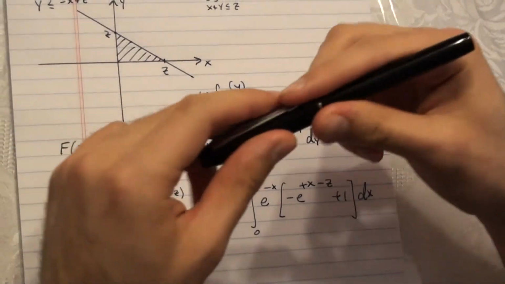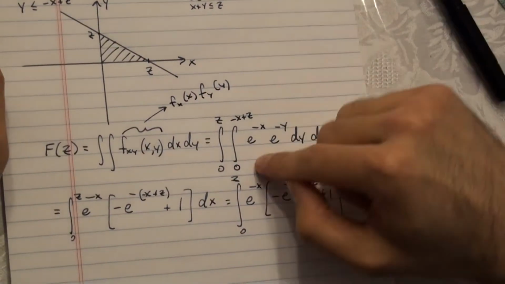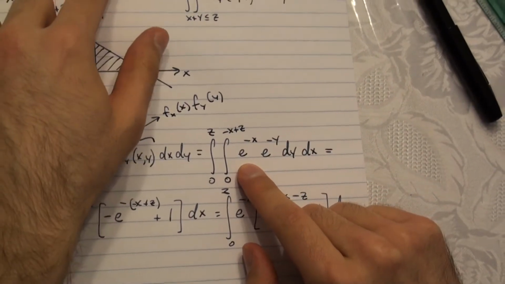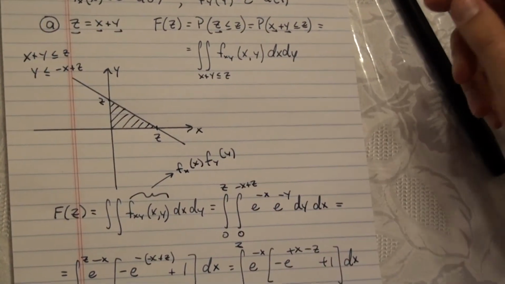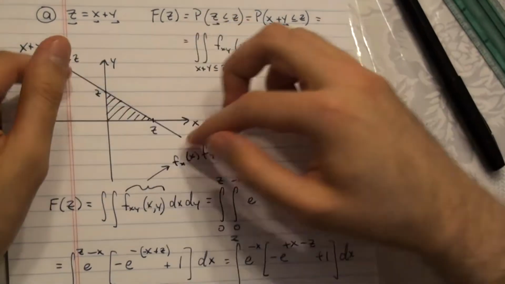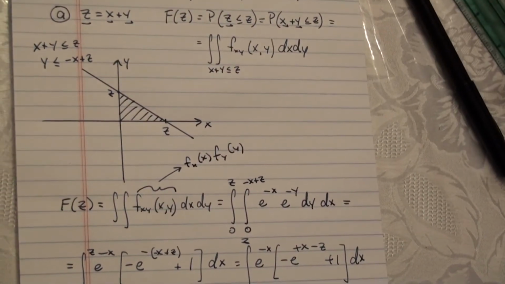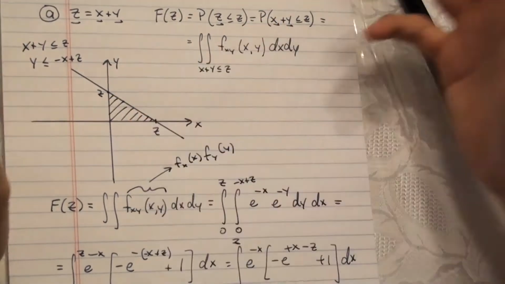So we just do that, and in the next piece we write them in. Little f of x is e to the minus x, and little f of y is e to the minus y.